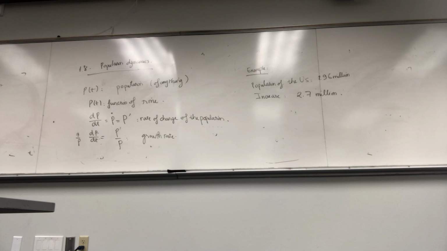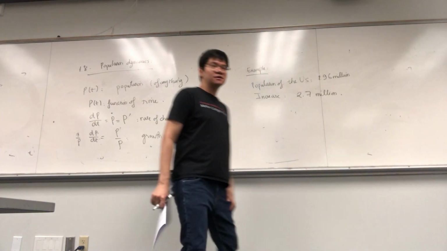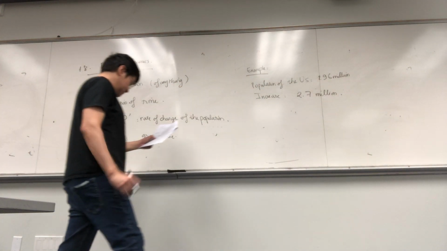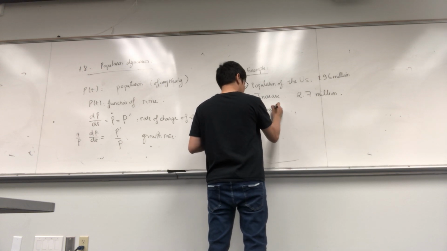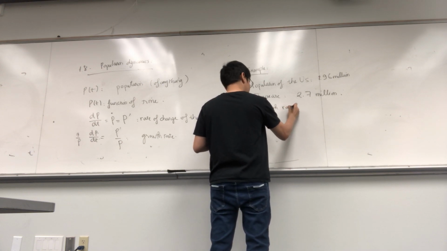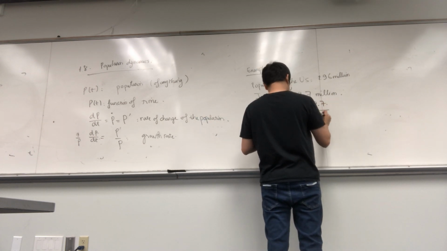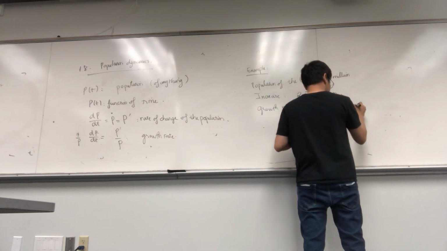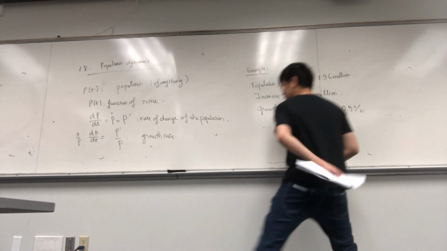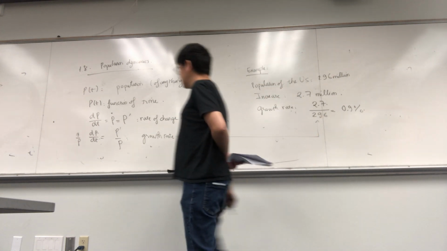And every year you have an increase of 2.7 million. So the growth rate will be 2.7 over 296, and this is 0.9%.